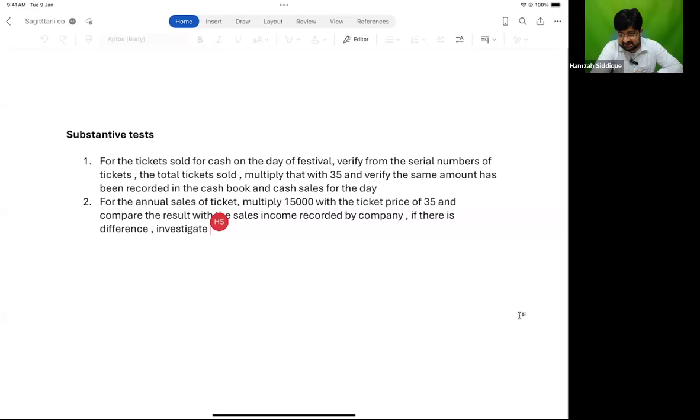Students, this test, I'm telling you, is called proof in total. This test has a name. It is called proof in total.